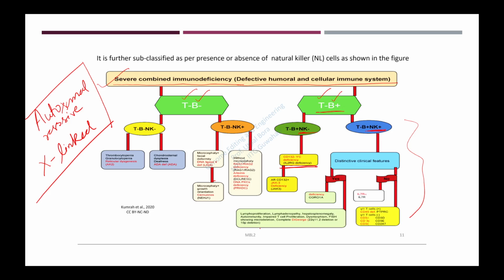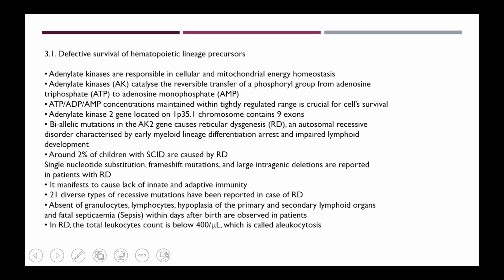Because of that, the maturation of the T cells and B cells is not happening. Here the IL-7R receptor is absent or defective. So these are the several array of genes being affected that leads to severe combined immunodeficiency disease.